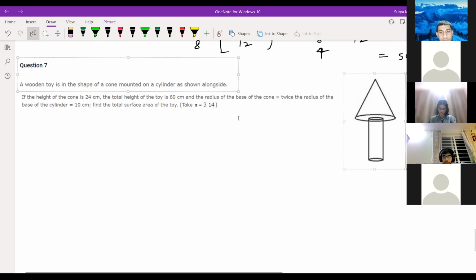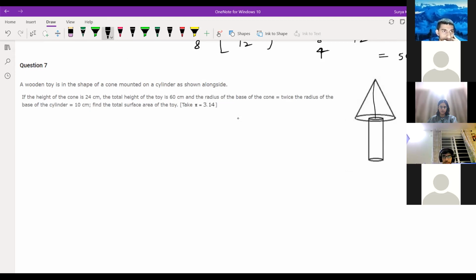If the height of the cone is 24, height of the cone, h of cone, you can write h1, 24 centimeter. Total height of the toy is 60.